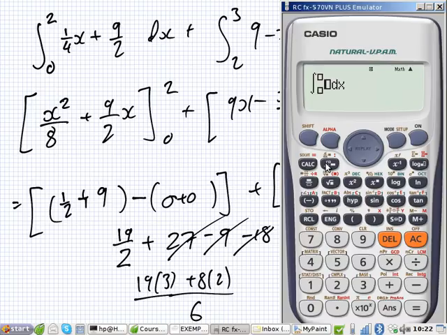So we integrate from 0 to 2, 1 over 4 alpha x plus 9 over 2, and then plus integrate 2 to 3, 9 minus x squared.